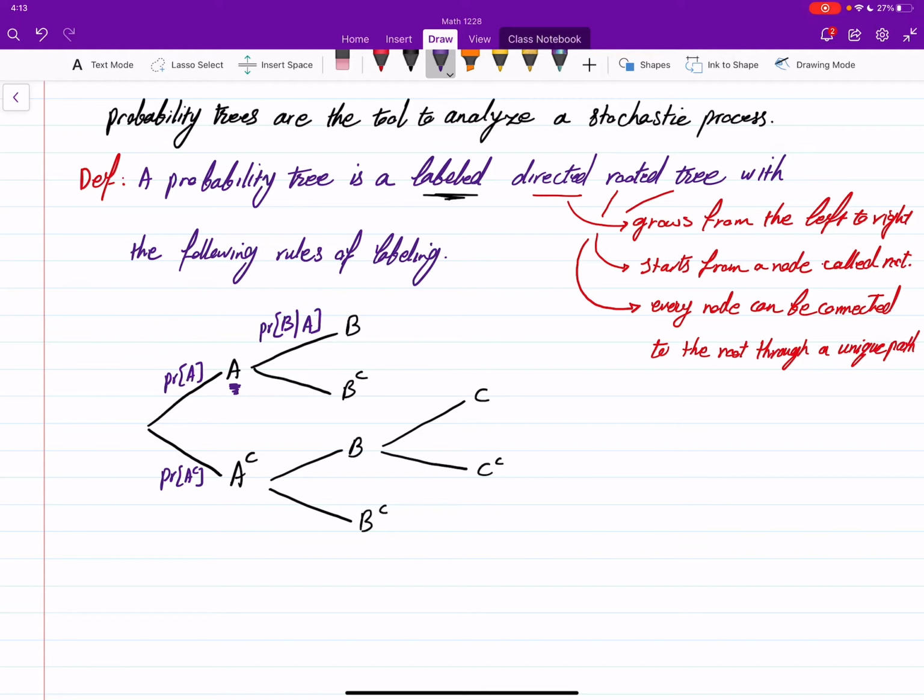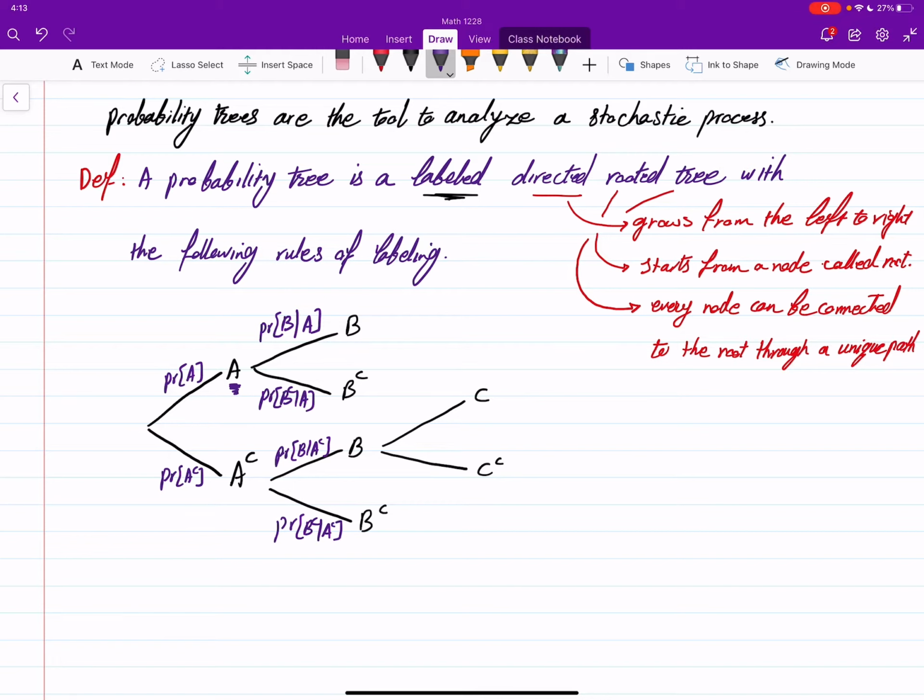So we have to put the conditional probability of B knowing that A happened. And similarly, the probability of B complement knowing A, the probability of B knowing A complement, and the probability of B complement knowing A complement.